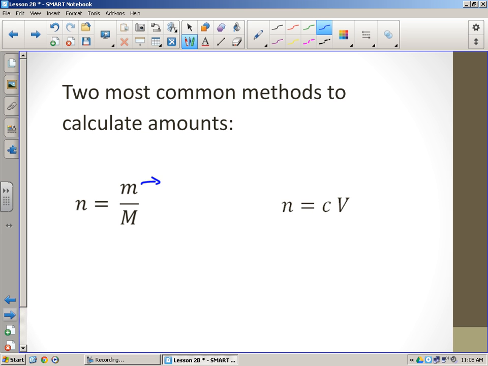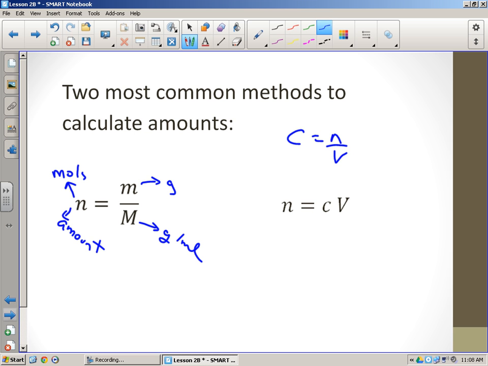Well, you could use the mass, which of course is in grams. This is in grams per mole, and this, of course, would be the amount here, right? Whenever you see the word amount, we're looking for n. Yes, you know that from last year, moles, okay? And of course, the other formula I would have given you guys last year was c equals n over v, or whenever it was for you guys, I don't know. c equals n over v.